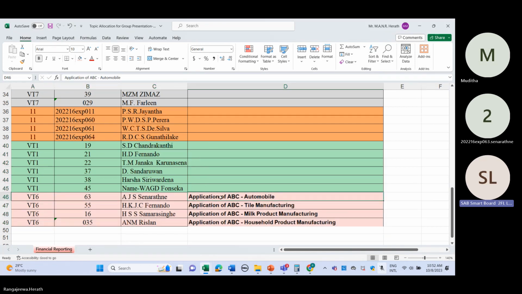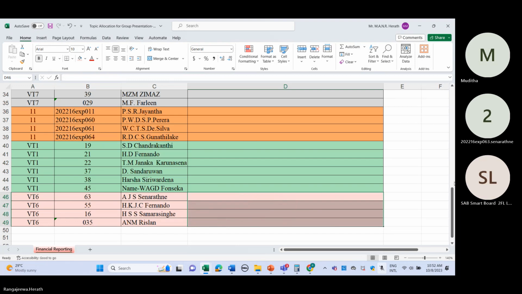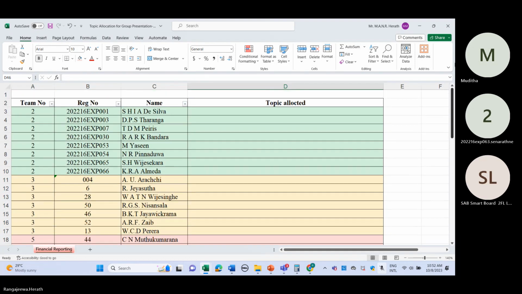We have 8 groups, right? Number 2 has 8 members.